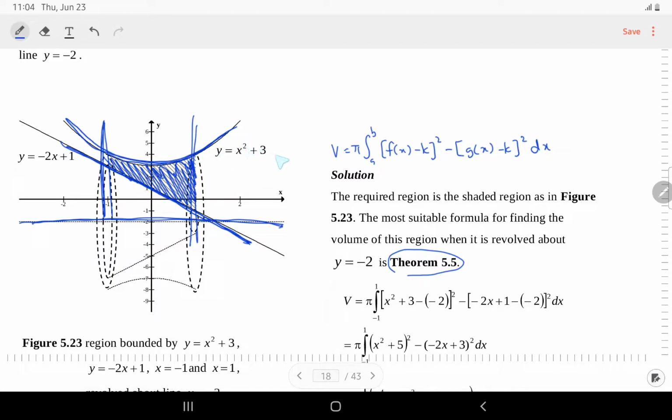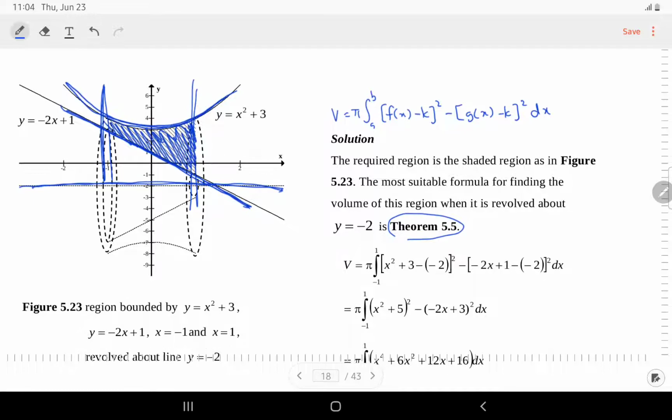So kita masukkan x square plus 3 minus k. K kita adalah dekat sini, axis of revolution. Okay, apa axis of revolution kita? Dekat y equal negative 2. So k is equal negative 2. So minus negative 2 square. Minus gx adalah lower boundary yang ni. Okay, negative 2x plus 1 minus k, negative 2, square.